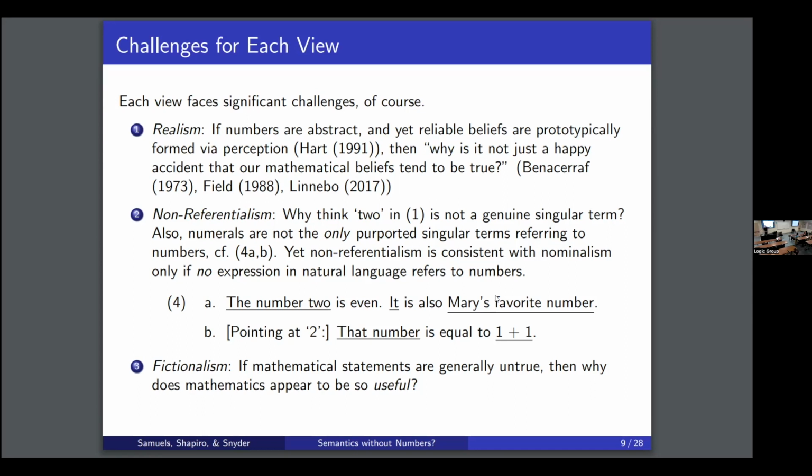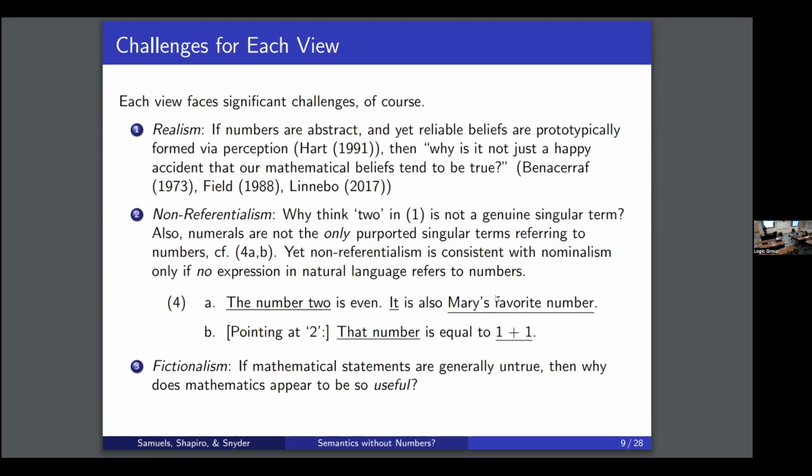And these functional expressions like "1 plus 1" or "the successor of 1," these are known as functional nouns, functional phrases. Those are also presumed to be singular terms. So what's my point? My point is, if you're going to be a non-referentialist and you also want to defend nominalism, not only do you need to be a non-referentialist about numerals, that is, names of numbers, you're going to have to be a non-referentialist about all of these different sorts of expressions.